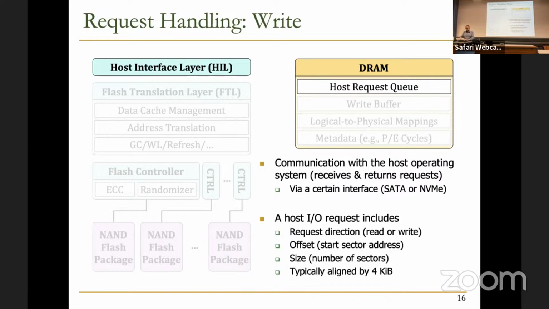So that's why we need this offset. And then you need to tell the storage about the size, like how many sectors you want to write. So by specifying the start point and also the number of sectors, you can finalize your request. And all these are typically aligned by 4 kilobytes.